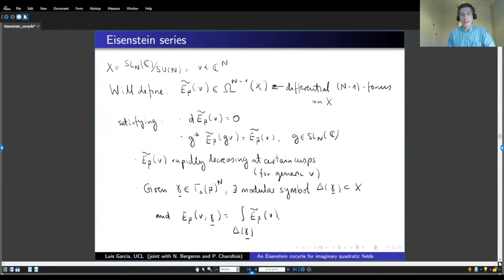So this integral converges for generic v because for such v, the Eisenstein series is rapidly decreasing on the modular symbol. And because of these first two properties, the fact that the Eisenstein series is closed as a differential form and this equivariance property, these two will imply the cocycle property.